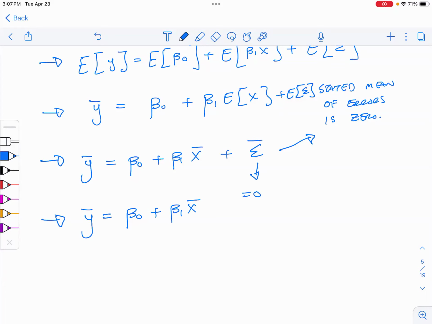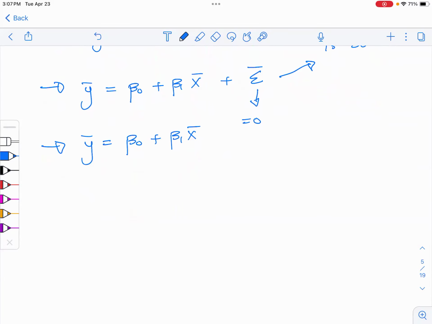And I'm left with the averages, y bar equals beta 0 plus beta 1 times x bar. So I end up with averages related by these constants.